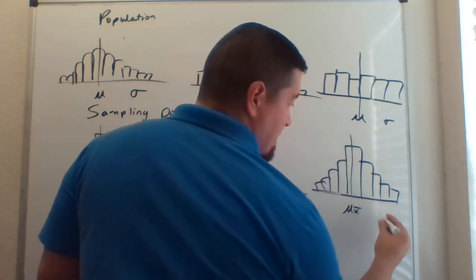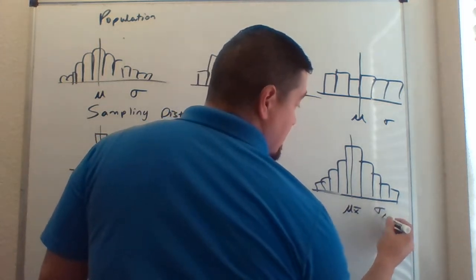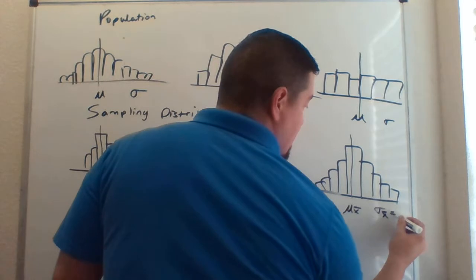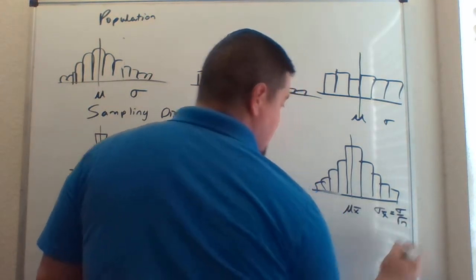Not only that, the standard deviation of the sample means would be the standard deviation divided by the square root of n.